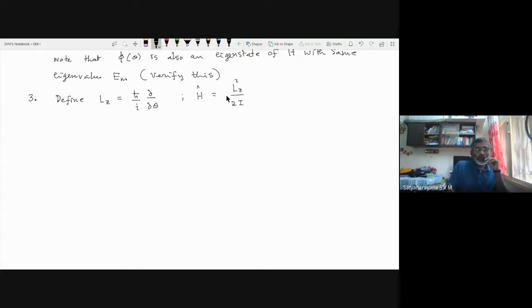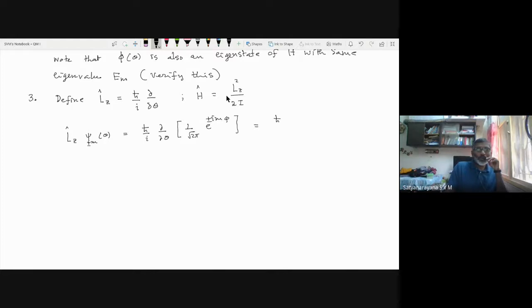Okay. Now the point that I'm trying to make here is that if your Lz operator is this, then suppose Lz is operating on your psi m of theta, that is equal to h bar by i into del by del theta operating on 1 over square root of 2 pi into e to the power plus minus im theta.